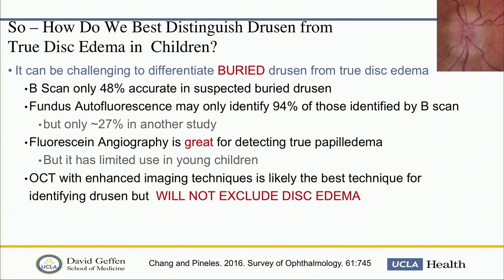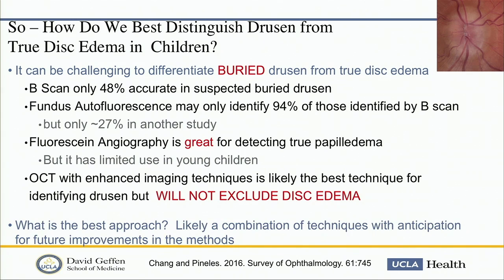I'm not sure why they're not arguing this point, but fluorescein is great for looking at true papilledema, has limited use in very young children, but the bottom line, OCT will not exclude disc edema. It will not exclude disc edema. So what's the best approach? Probably combinatorial. It's okay to use the EDI OCT, but you need to make sure they don't have papilledema. Thank you.